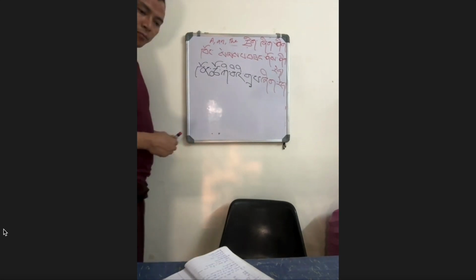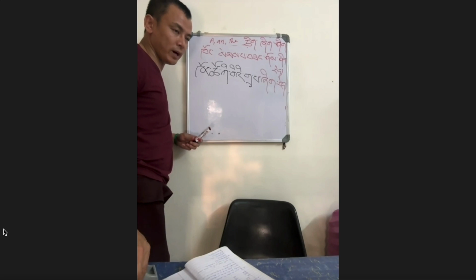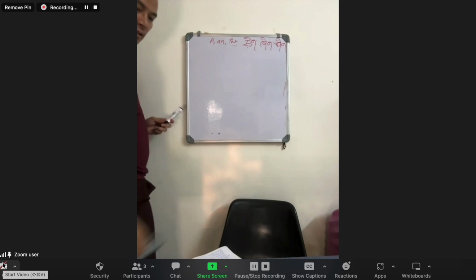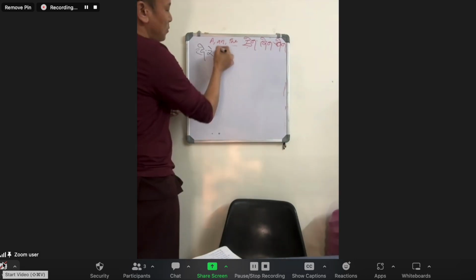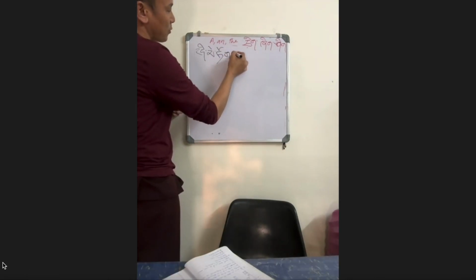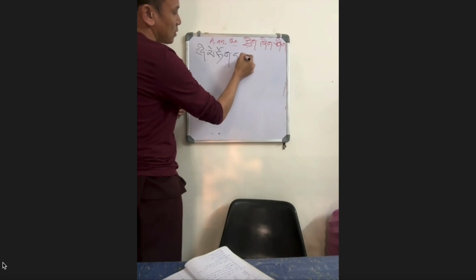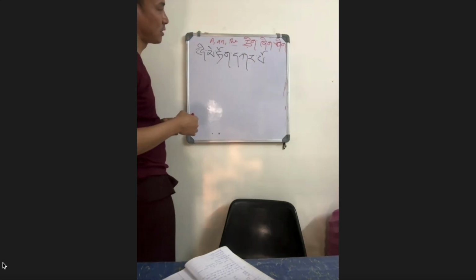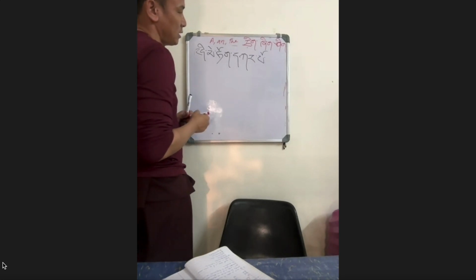Let's say this is a white flower. This is a white flower. The metok. Yeah, the metok karbushi.